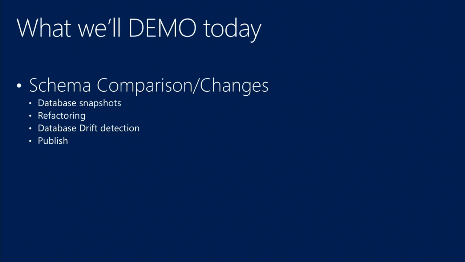Detect database drift. How many of you are familiar with the term database drift? Just a handful. All right, so just to clarify, it doesn't mean putting a database in the back of a car and going out and drifting.